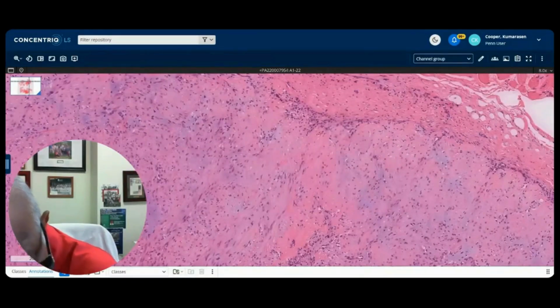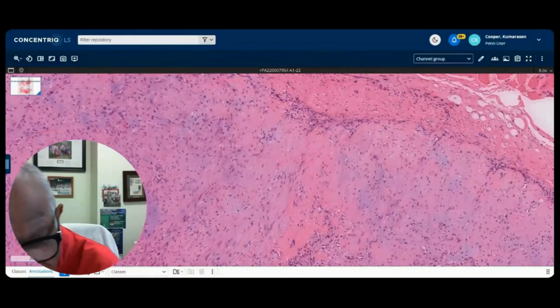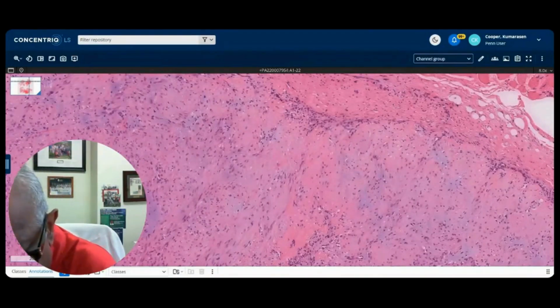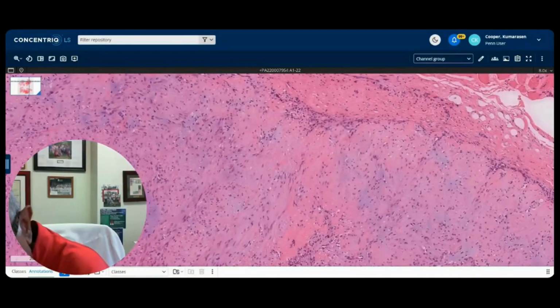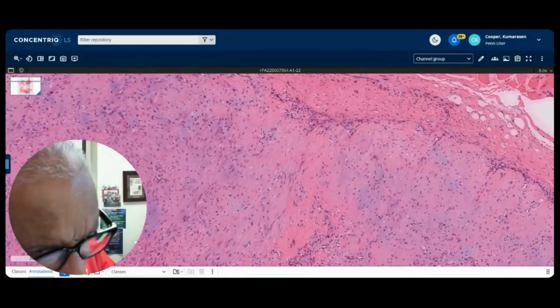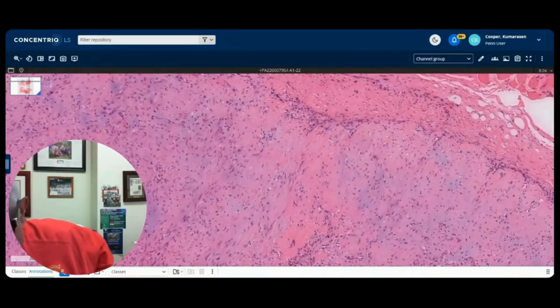So when you see muscle, always expand your thinking into what else it could be. Is it smooth muscle? Is it skeletal muscle? Is it myofibroblastic? Or is it PEComa as well? There are several other things like myofibroblastoma, etc. But when you do have muscle immunoreactivity, always expand your thinking and follow that accordingly.